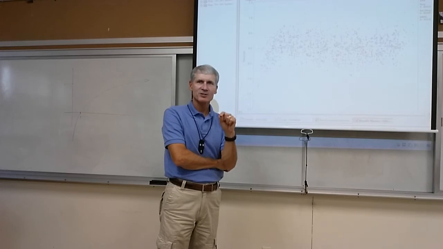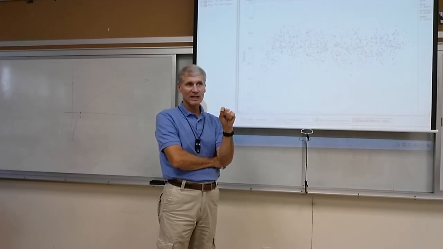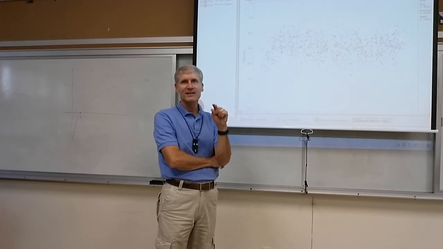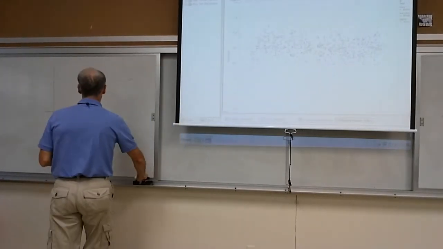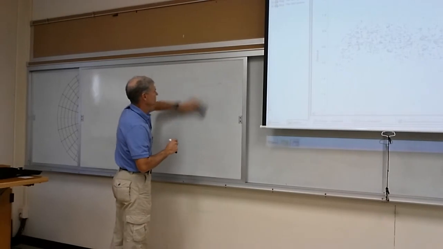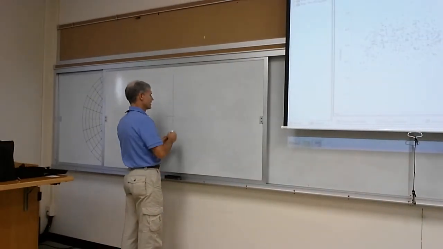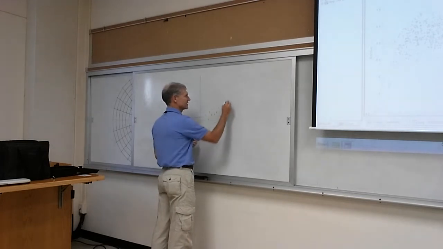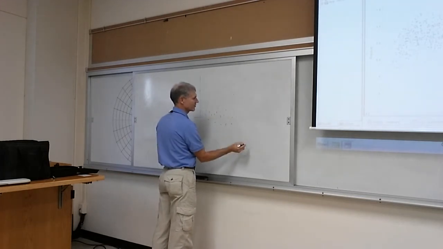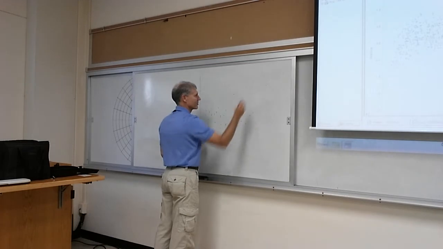One of the things I always caution people on is don't let a few points tell you that you're seeing a pattern. Right? Like, for example, we'll see residual plots like this, and then there'll be a point out, and a point out, and a point out.